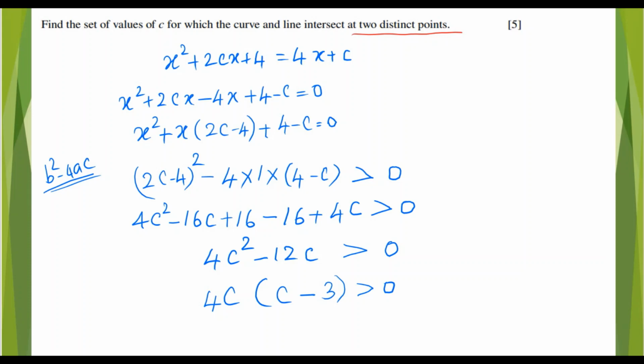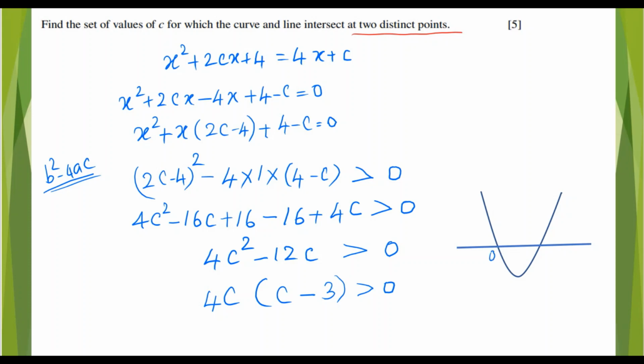Okay. Now if you assign this equal to 0 to find the value of c, you will be getting c is equal to 0 and 3. Always draw the quadratic and the line so that you will better understand where the value of c actually lies.